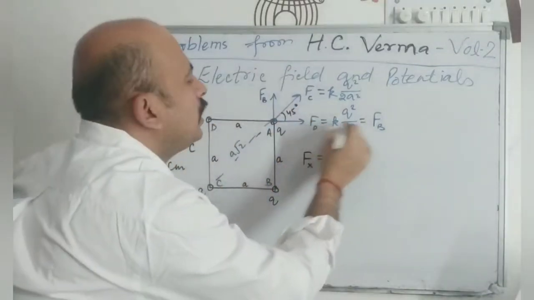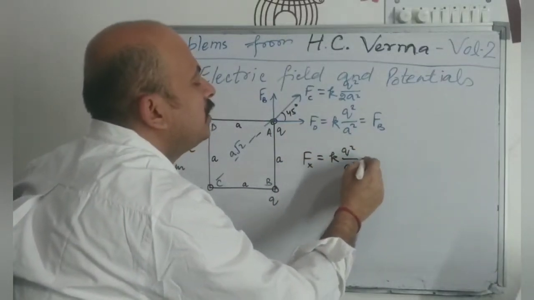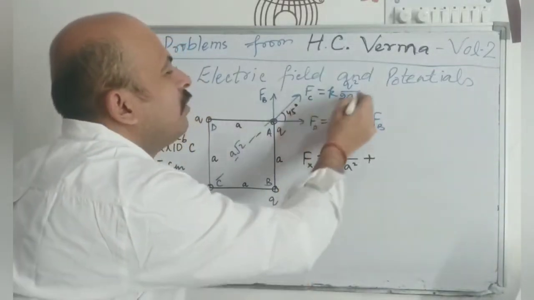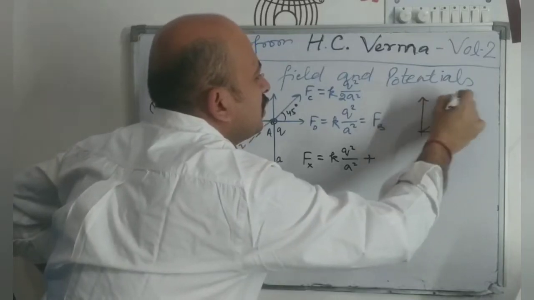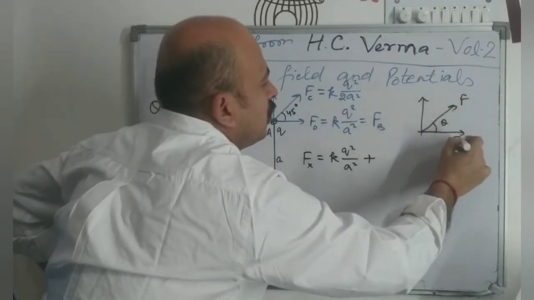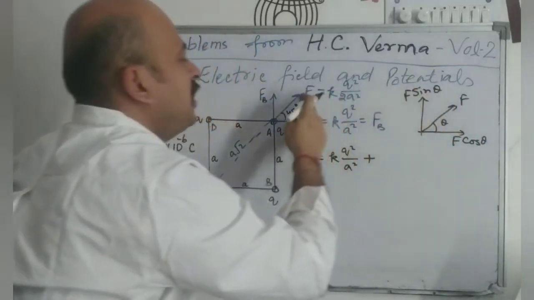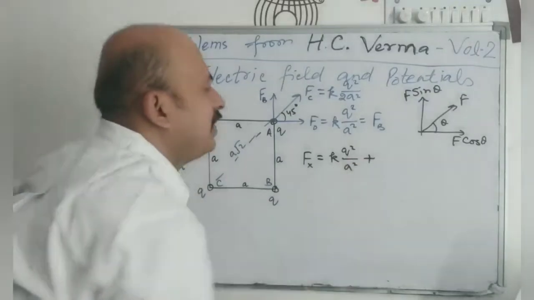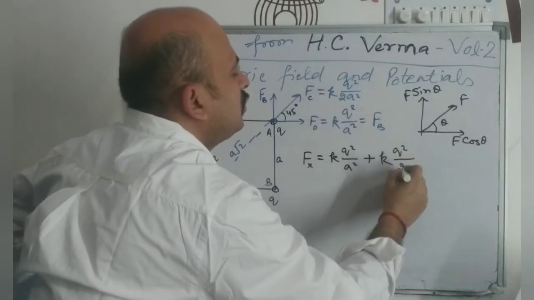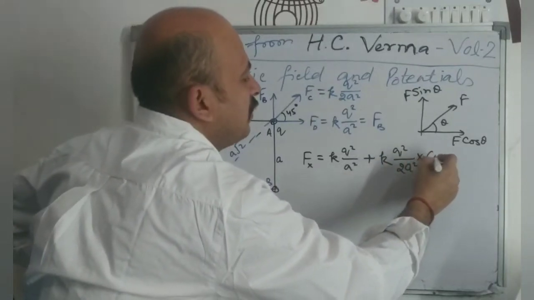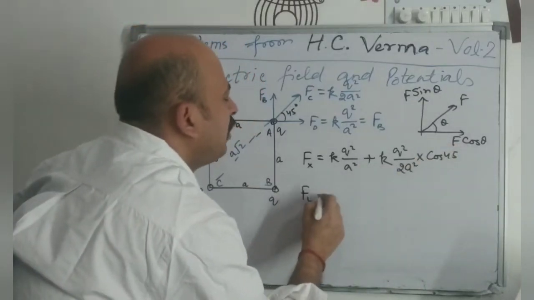So Fx will be equal to Fd, that is k q square upon a square, plus cos component of Fc, because if you resolve Fc along horizontal, that will be F cos theta and that is F sin theta. So Fc can be resolved along x-axis with F cos theta. So that will be equal to k q square upon 2a square and cos 45. Cos 45 is 1 by root 2. Similarly, Fy will be the same.